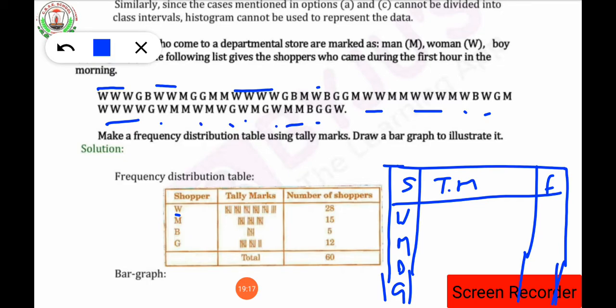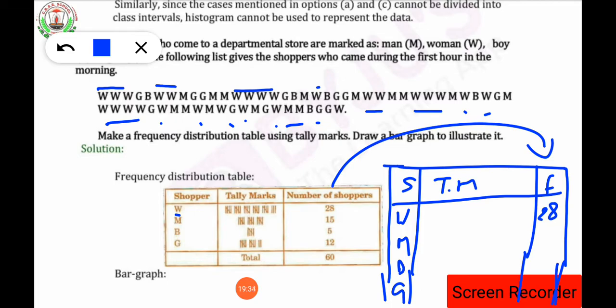Like this we are going to count. So how many total are there? Total 28. How many women are there in total? 28 women are there. So here this frequency is only the number of shoppers.